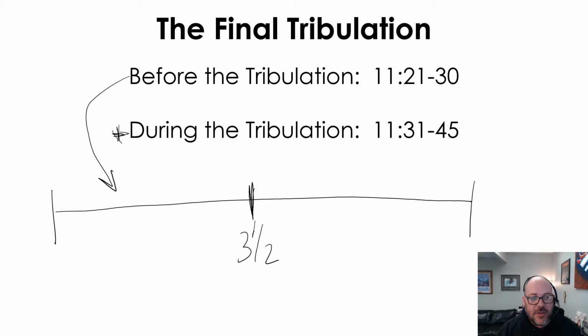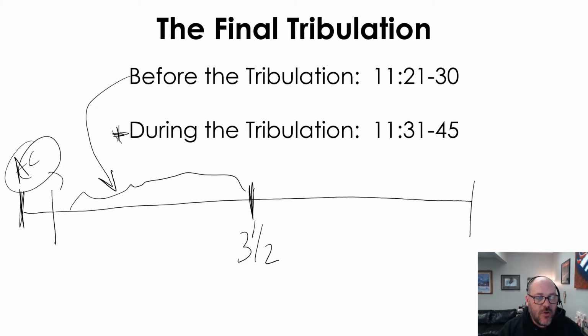But most likely it's going to occur in this time period, and we will see the rise of the Antichrist that will probably happen before this. So we will see the rising up of the Antichrist here or here in some manner. The rise of the Antichrist also corresponds with seal number 1 that is broken in the book of Revelation, and we'll look at that when we get there.